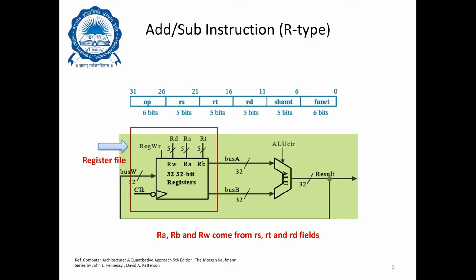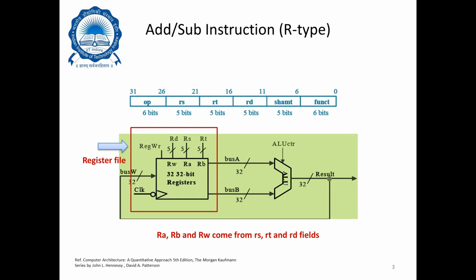The bus W input, which is 32-bit, is the input that gets into the register file for writing the data. The output of this register file goes directly into an ALU, each of which is 32-bit, and finally we produce a result. So this is a high level overview of how we handle add sub instruction using the R-type instruction format.